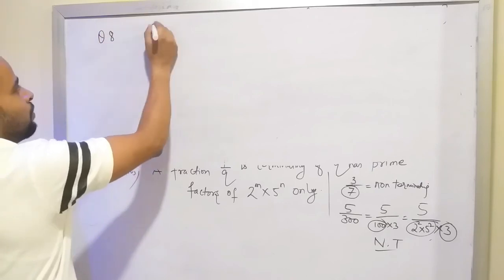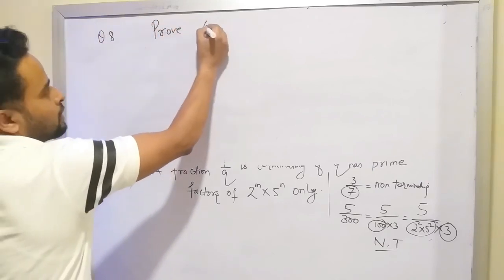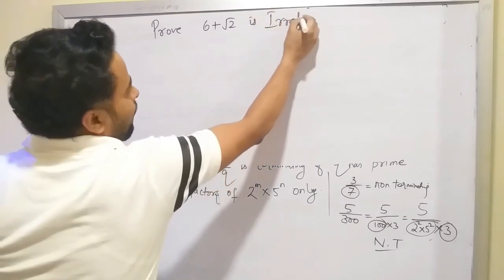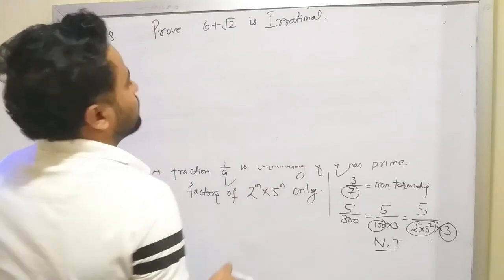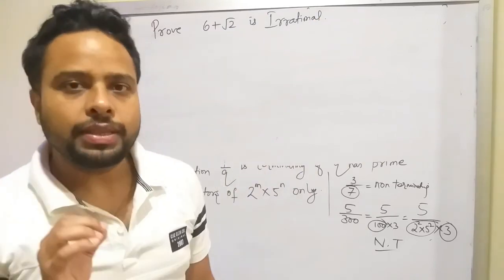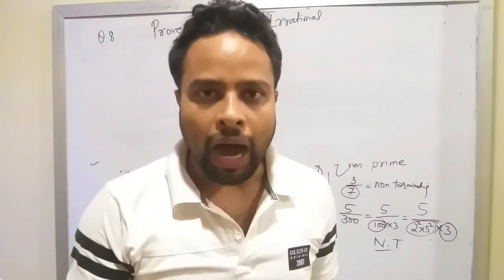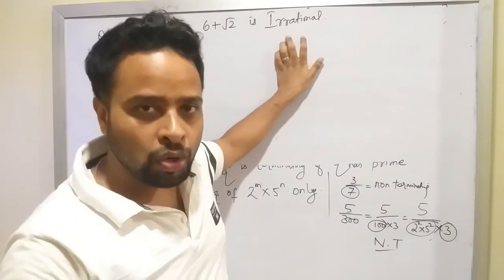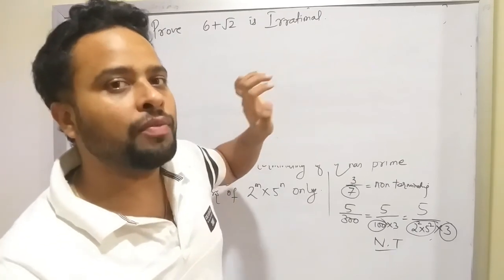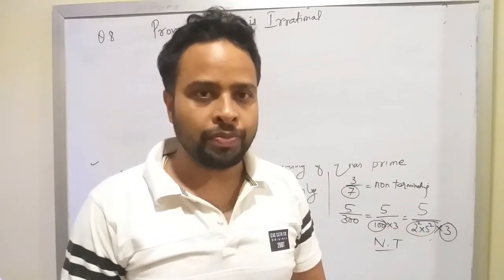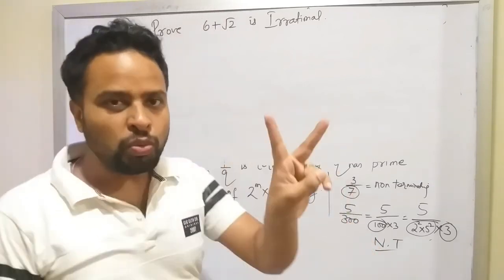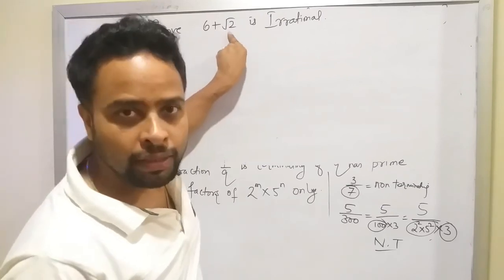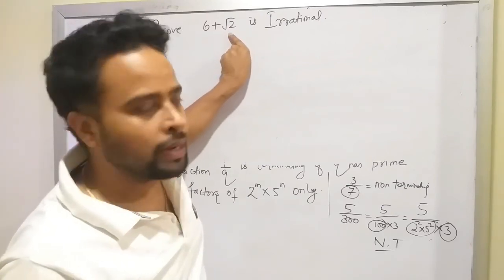Question number 8. Prove 6 plus root 2 is irrational. Take a deep breath. Simple. Whenever you are asked to prove that 6 plus root 2 is irrational, don't take tension. First of all, see how many marks are given. If this question is for 2 marks, rational plus irrational is always irrational, so directly you can give the answer.